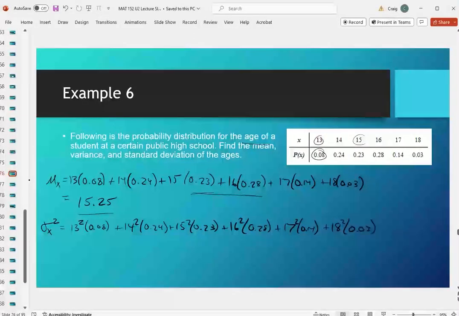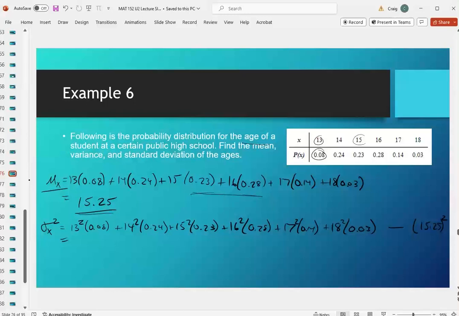Okay, and then once we get to the end of the sum, then we're going to subtract away the mean squared. Okay, so 15.25 squared. And that will give us the variance.